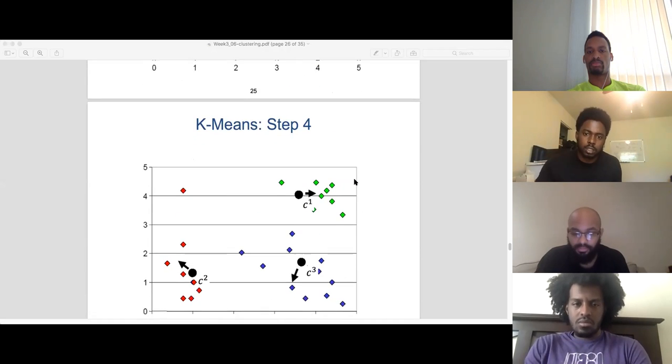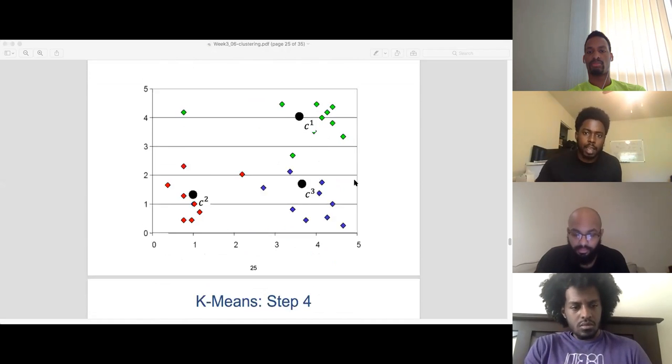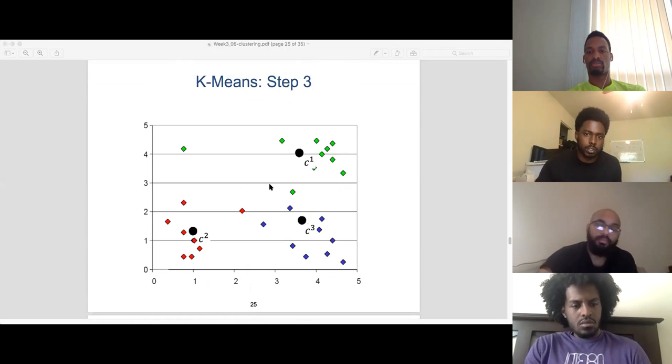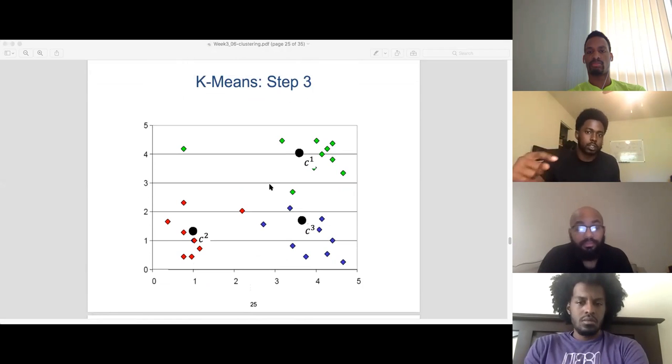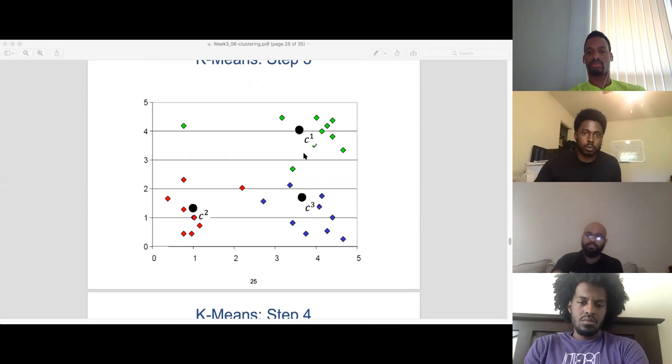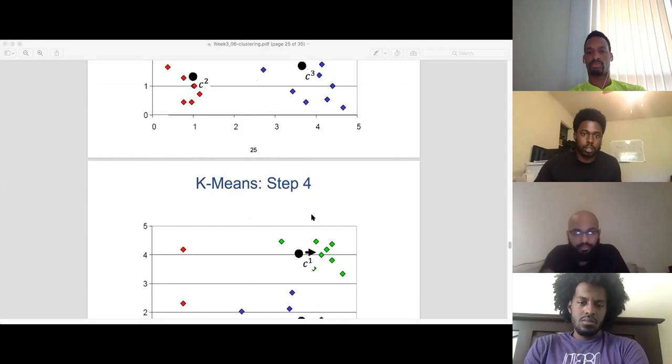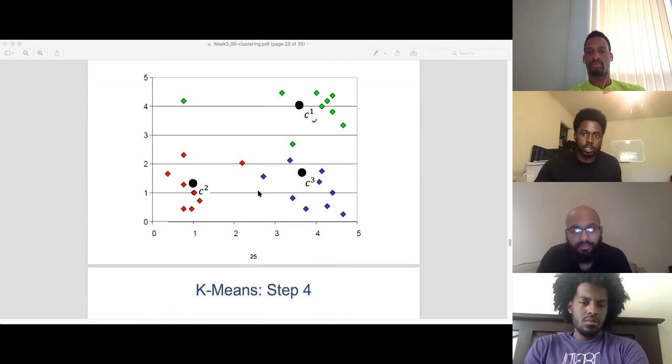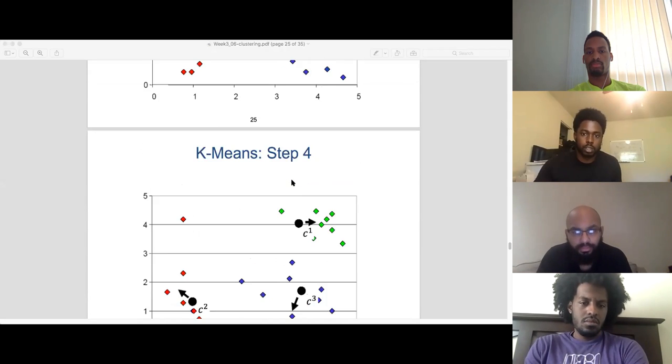I got it. So we have it here where we've moved the centroids. This is the first iteration, right? We assigned, we moved them, then we go through it again. So you're reassigning the colors. If you look here, this was previously green, now it's red, right? And you can see something here, this was previously green, now blue.